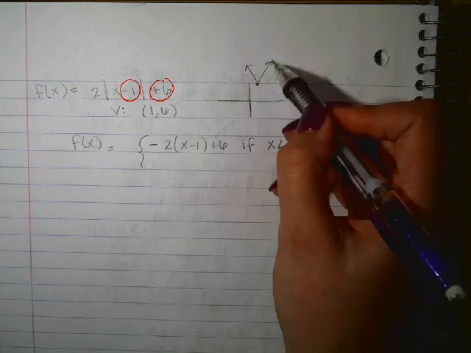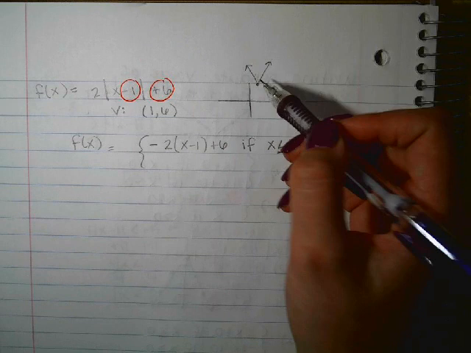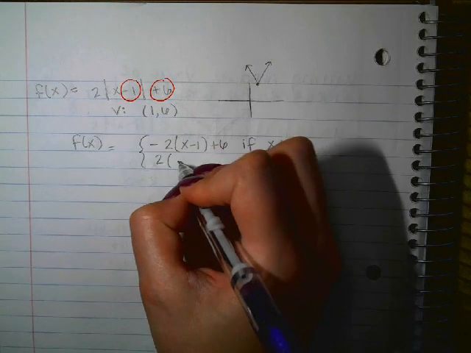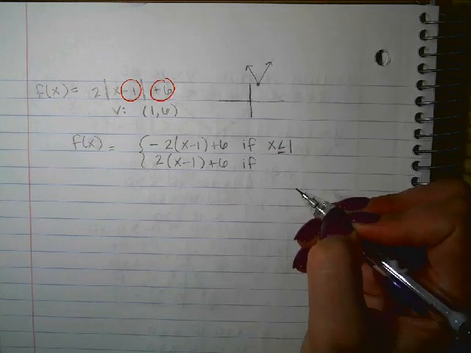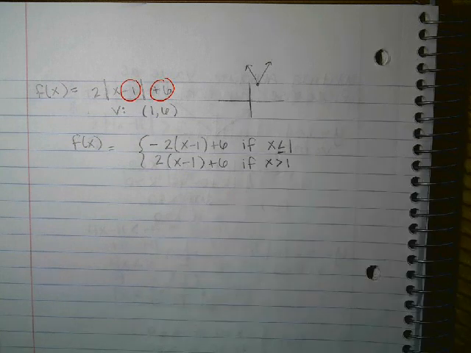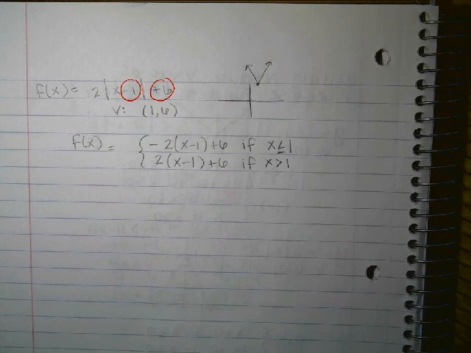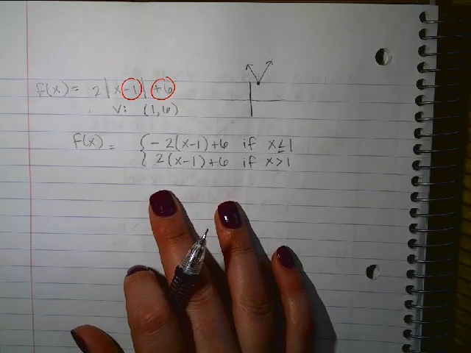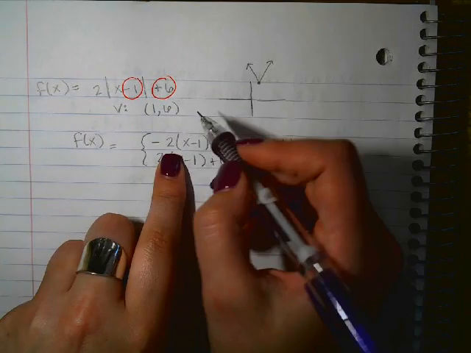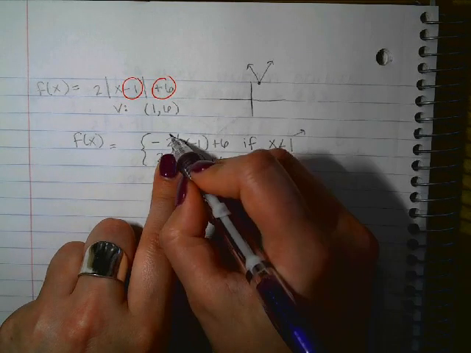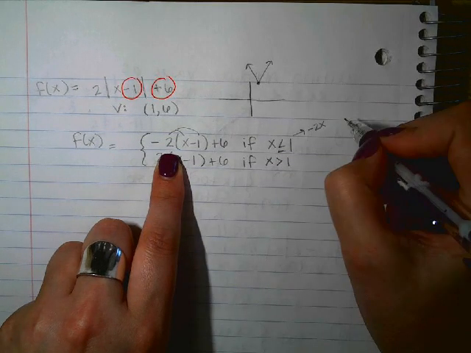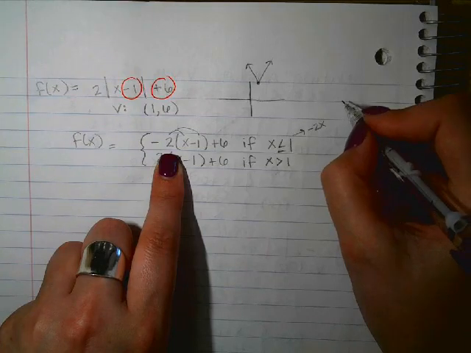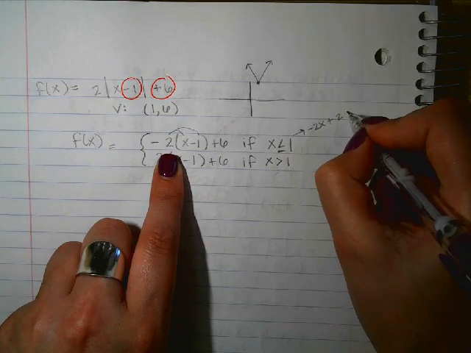And then we'll do the positive side for the other one. So then we have 2 times x minus 1 plus 6 if x is greater than 1. Okay, and then what do we need to do from here? Yeah, we got to clean it up a little bit. So we'll say negative 2x plus 2 plus 6.